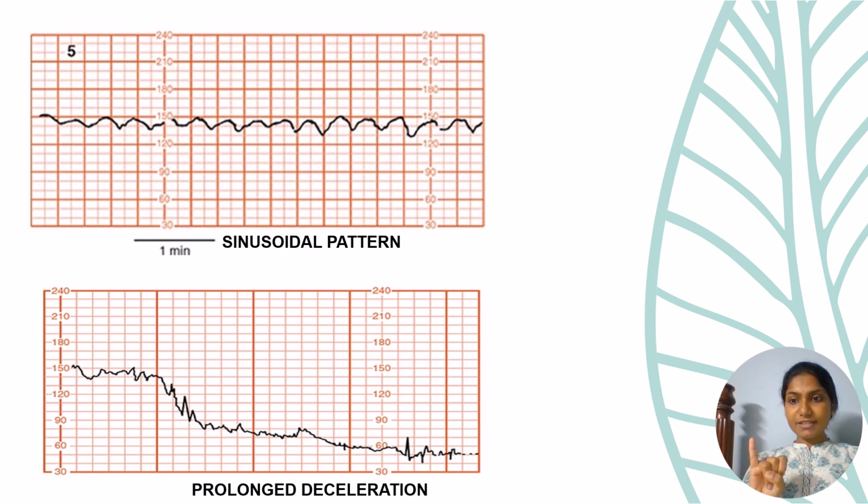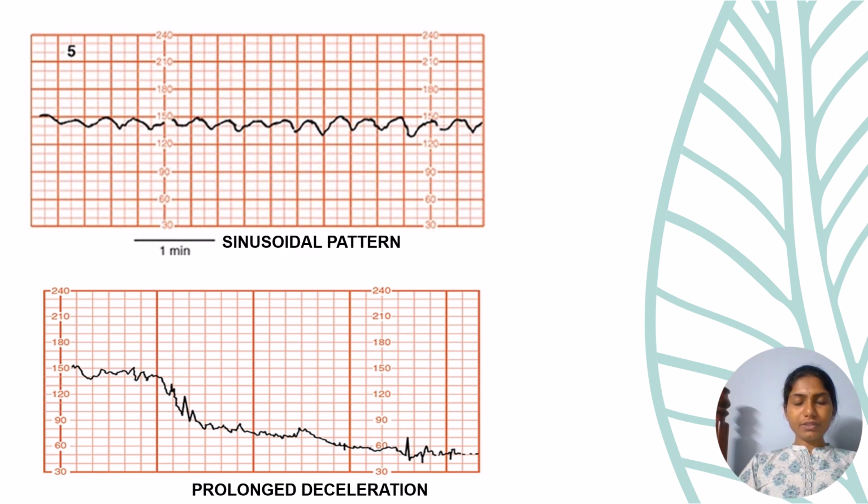Fetal alloimmunization in cases of Rh negative pregnancy, twin to twin transfusion syndrome, ruptured vasa previa. These are all causes of fetal anemia. In these cases there could be a sinusoidal pattern. There is also something called a pseudo-sinusoidal pattern. So what is it? I will give you homework. Understand what a pseudo-sinusoidal pattern is and comment on the chat box.